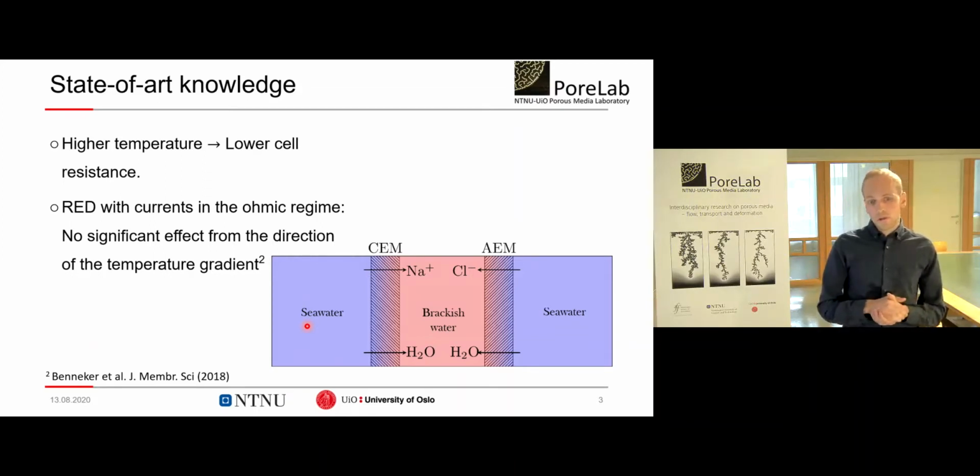However, in work done by Benneker and others, have shown that RED with currents in the ohmic regime, there was no significant effects from the direction of the temperature gradient, which implies that the thermoelectric potential in this case was negligible. This is interesting, and one reason for this could be that there was large heat transfer between the streams and reducing the effect of the thermoelectric potential.